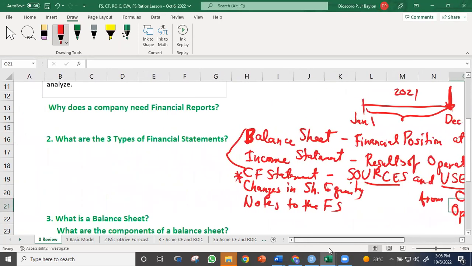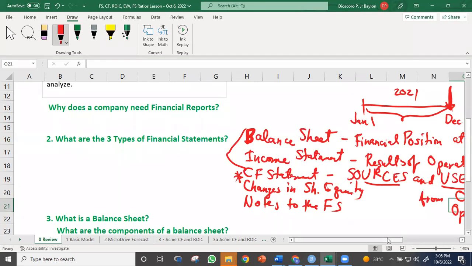All right. And then we have the two others, changes in shareholders' equity, to see what happened to the component of shareholders' equity in the balance sheet. Okay, the common stock, the retained earnings, the preferred stock if there is, and then link it to the income statement. So the changes in shareholders' equity links the balance sheet and the income statement.